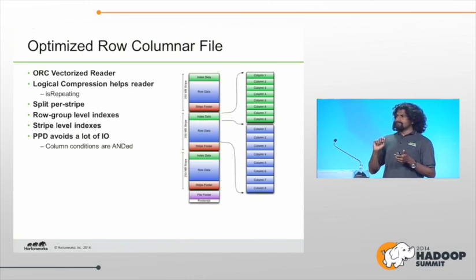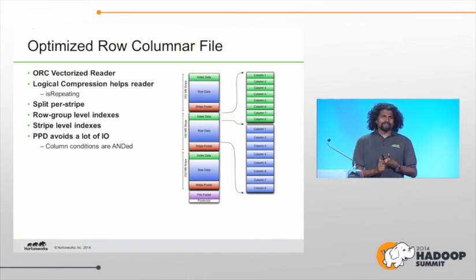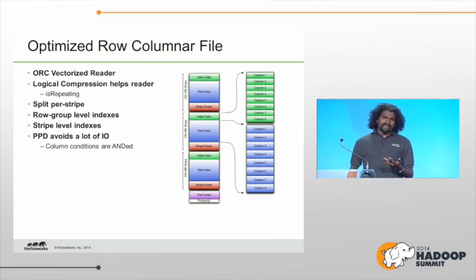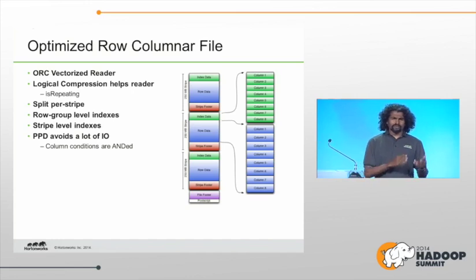So what ORC brings to the table is a bunch of logical compression operators, string dictionaries, delta packing, RLE, and then actually adds a layer of zlib compression, which takes most of the advantages of RC file and gives us something extra.